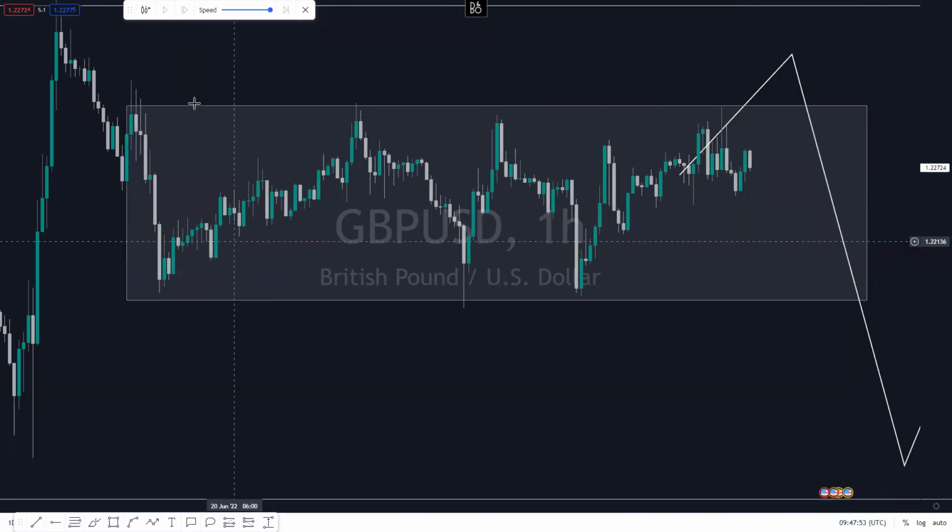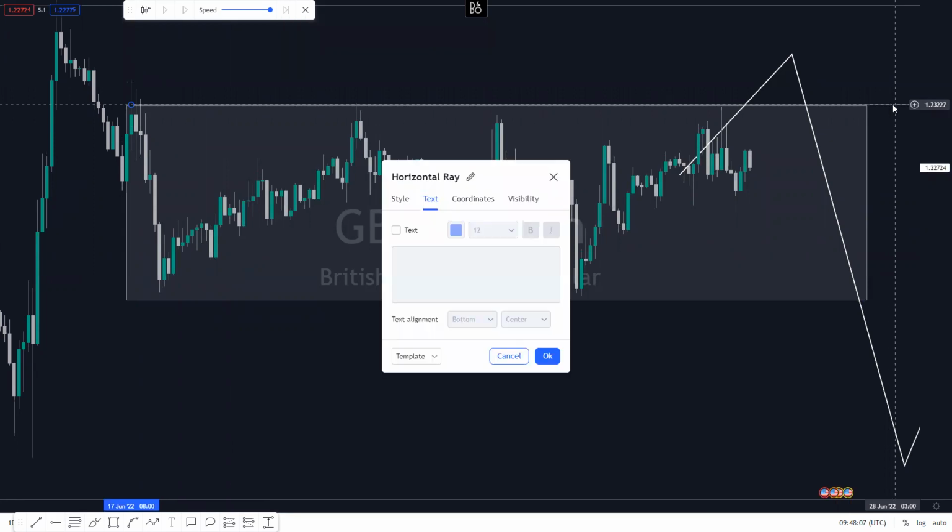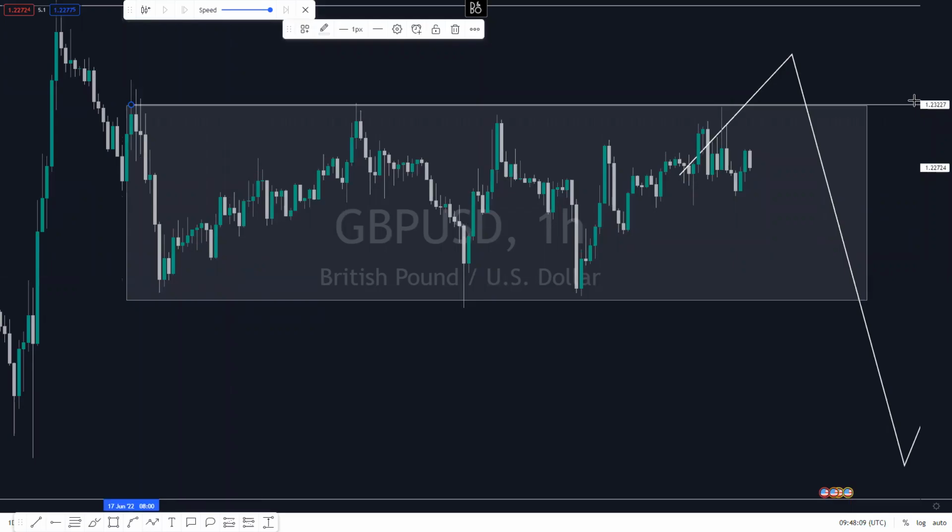So the first thing I'm going to do is, since it has broken this particular place, it has created what liquidity on this place. Let's not forget that whenever you see a series of touches, there's a high chance that it must break that particular region. So the price has created liquidity in this particular region.